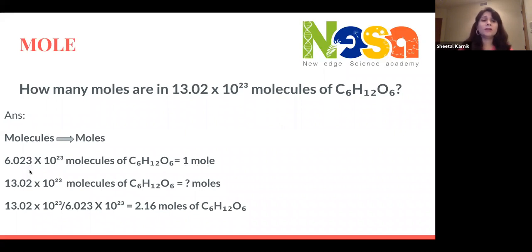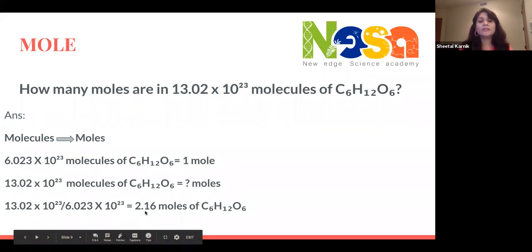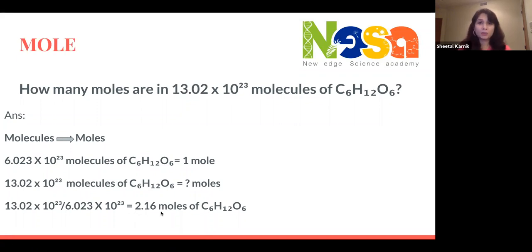Now instead of this number of molecules, they are giving us 13.02 times 10 to the 23rd. Again, it's a simple math problem and after the calculations our answer is going to be 2.16 moles of C6H12O6. So this is the way to answer. This is an easy step-by-step path to answer these questions and actually understand the concept of the conversion of moles to particles.